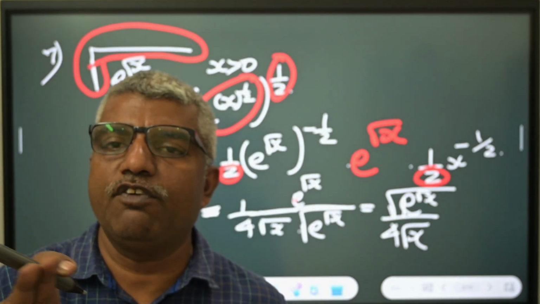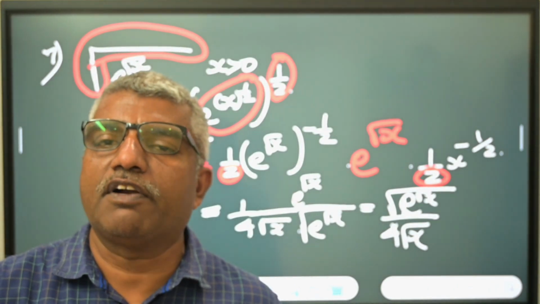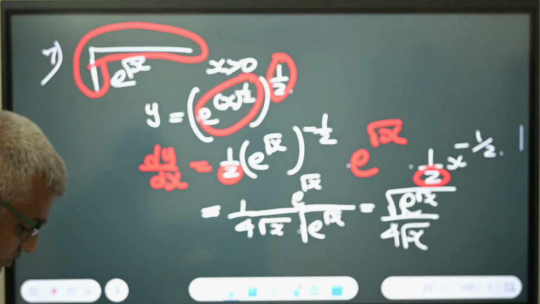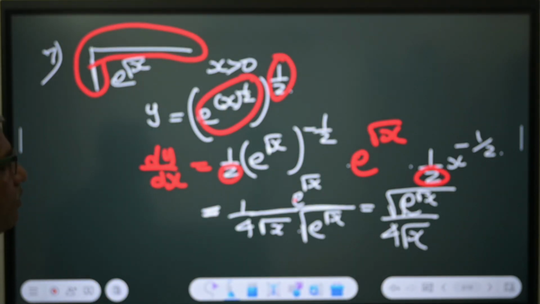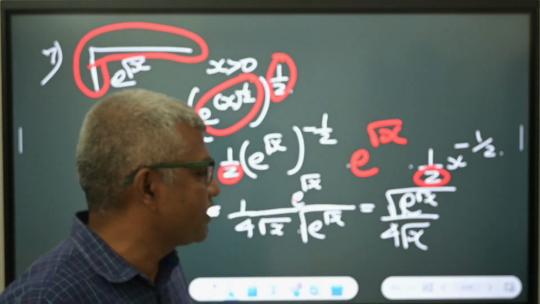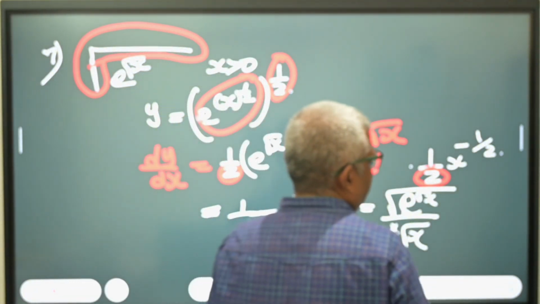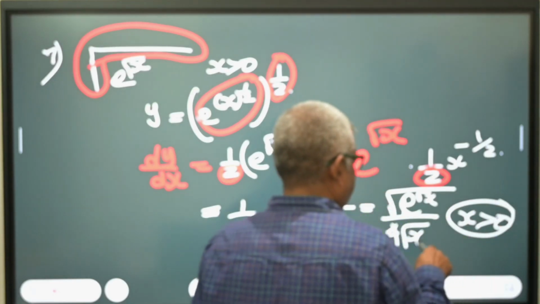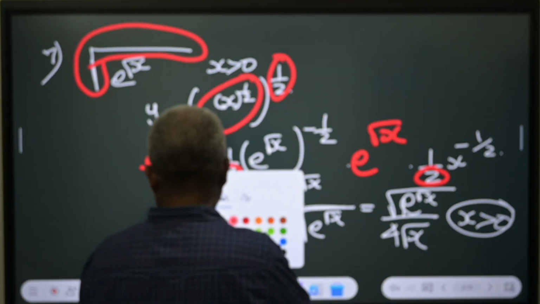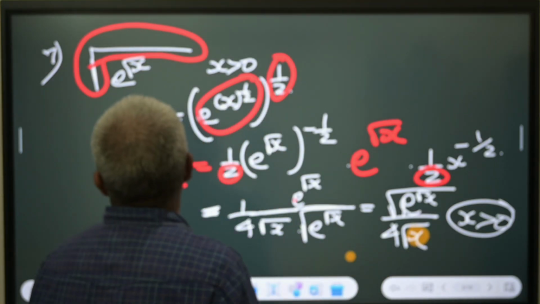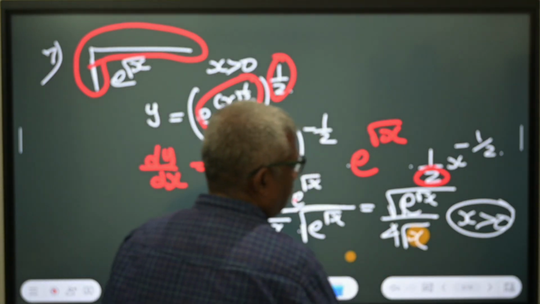For example, 5 over root 5, what will come? Root 5. The same happened. Okay. Denominator should not be 0. At the same time, square root should not be negative. So x is greater than 0. Okay, copy down.